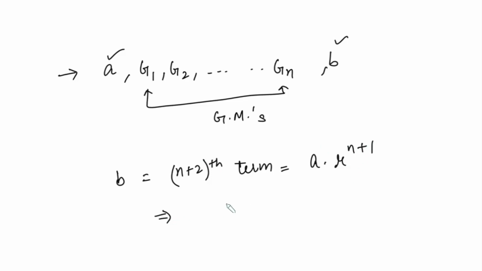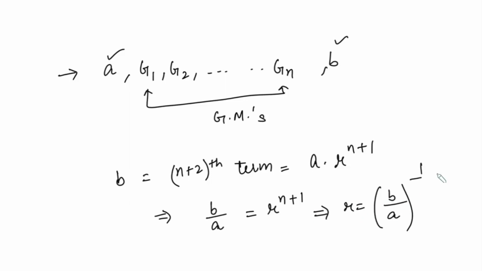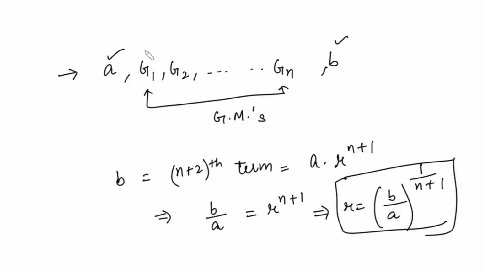And from here, we can say that B over A is equal to r raised to the power n plus 1, or r is equal to B over A raised to the power 1 over n plus 1. This formula helps us to find the values of G1, G2, G3, and so on up to Gn.